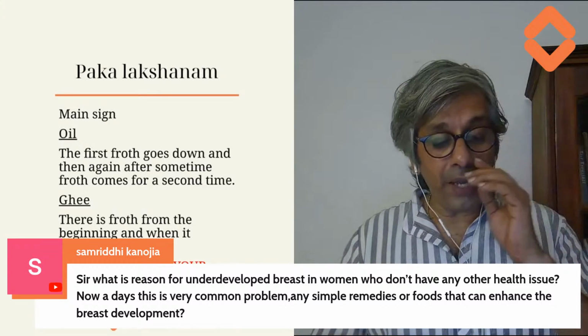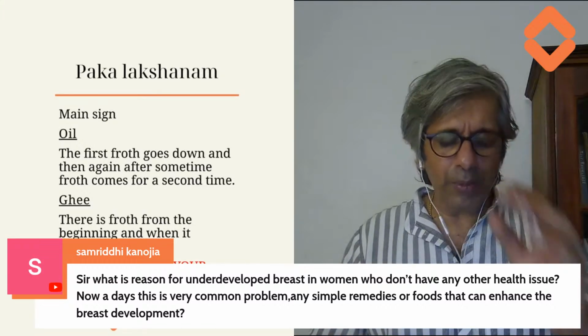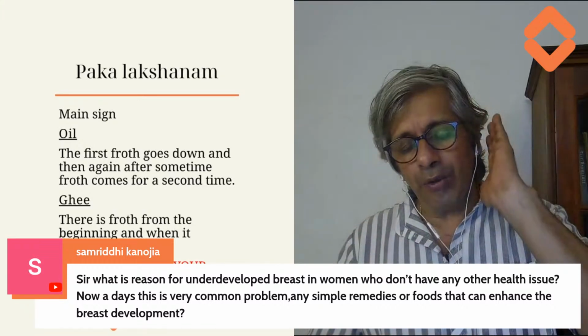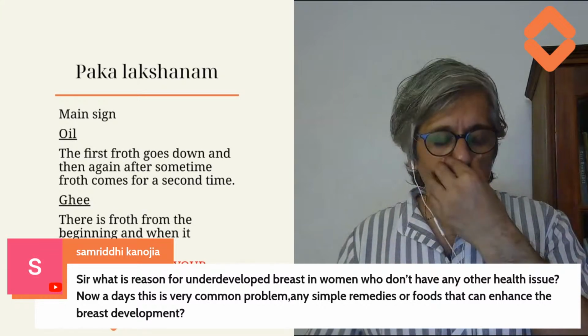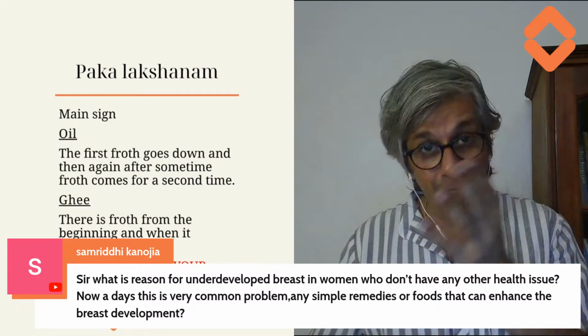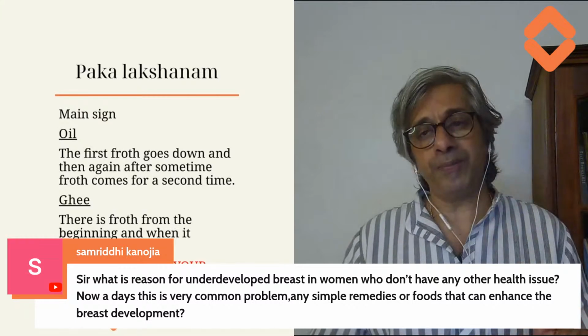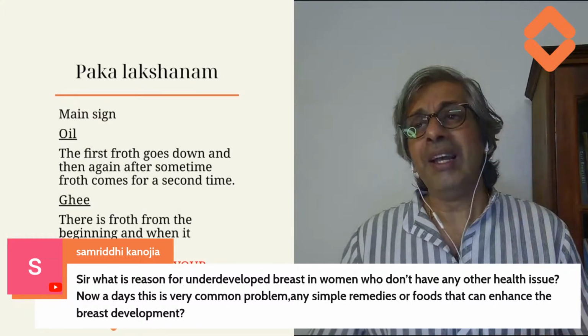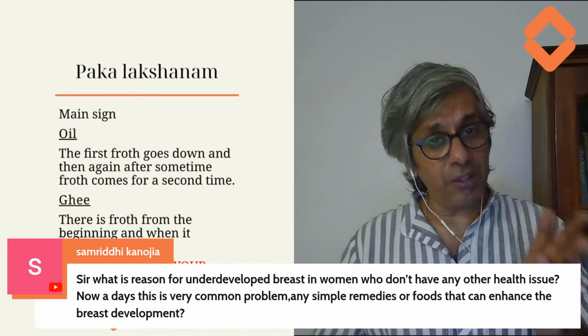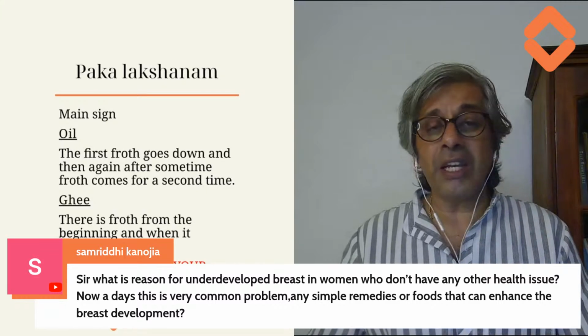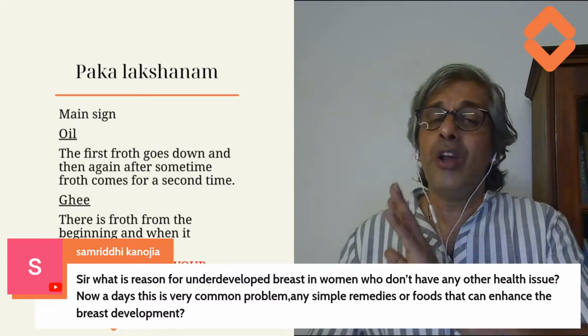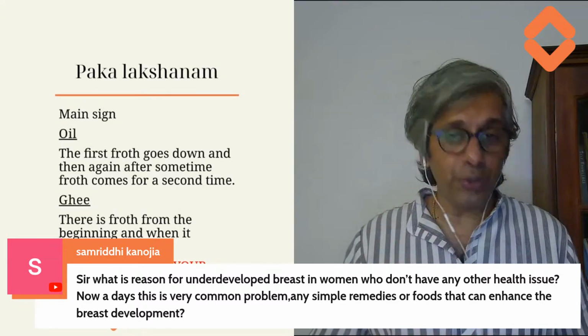Frankly speaking, if you go through the text of Kama Sutra, there are certain oils which have been written about, but it is more about breast firming than increasing the size of the breast. Increasing the size of the breast is something which is not at all easy to do.